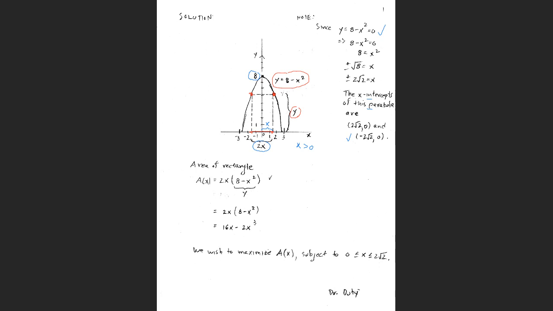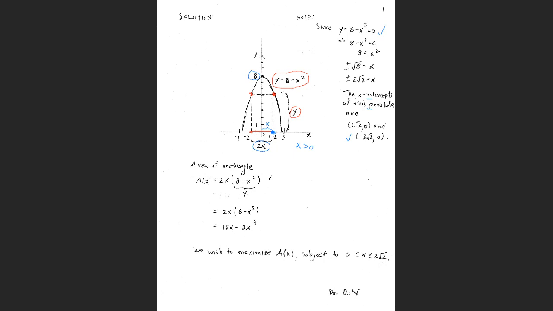Let's see. Well, I think that would be hard because this vertex here, that I'm highlighting, has an x coordinate.